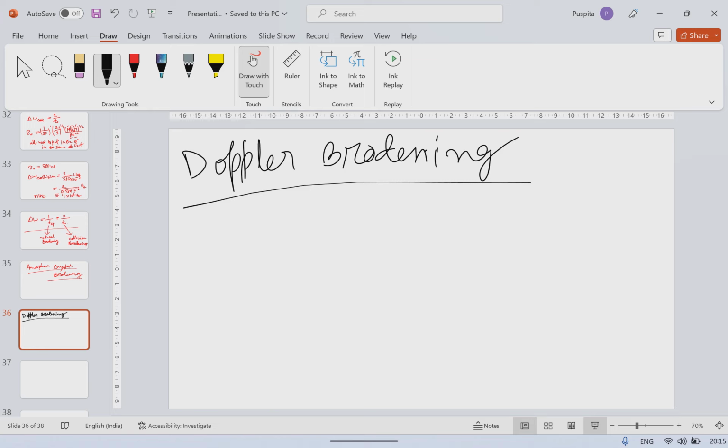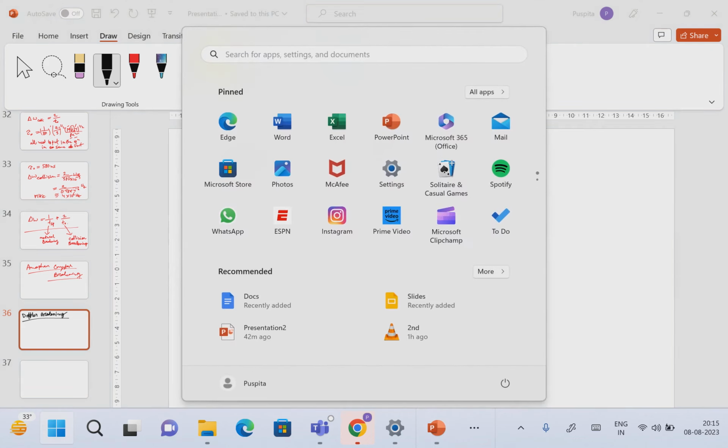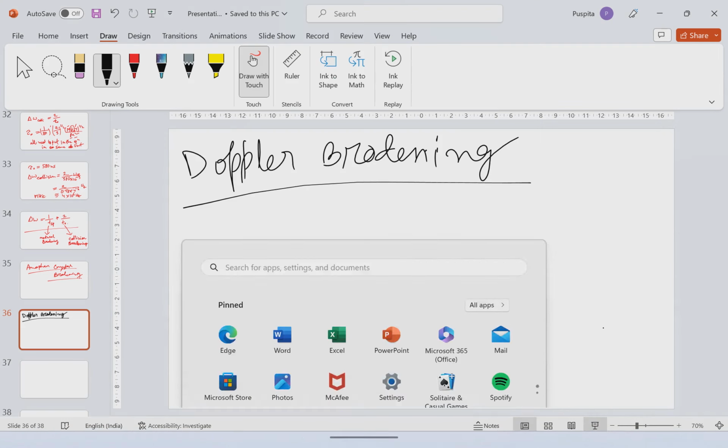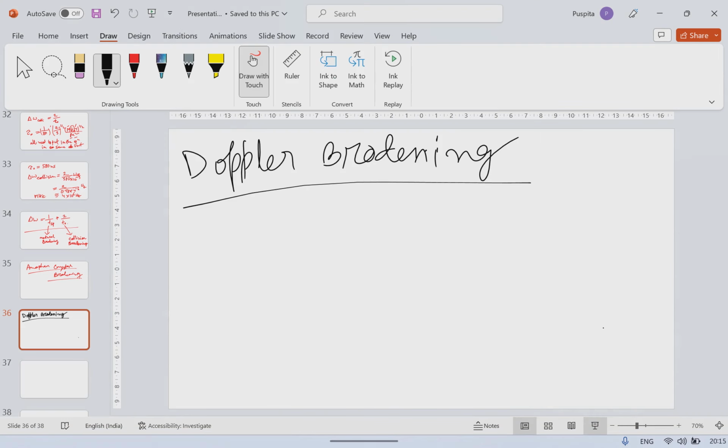Okay, so we know the Doppler effect. The Doppler effect is associated with sound waves, such as when a train is coming toward us, we hear the sound at a higher frequency, then it changes to a lower frequency.